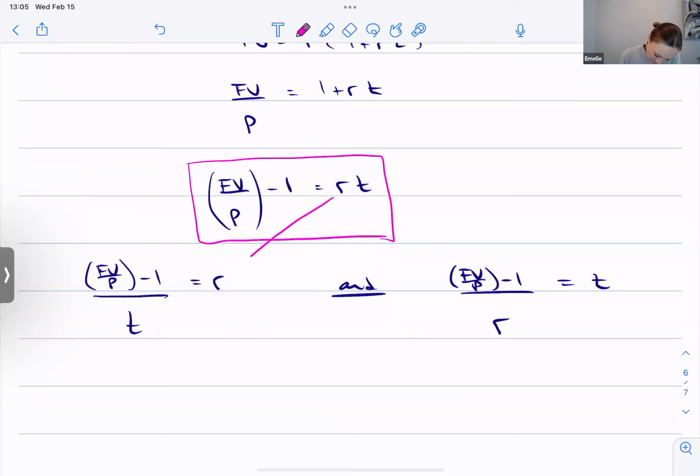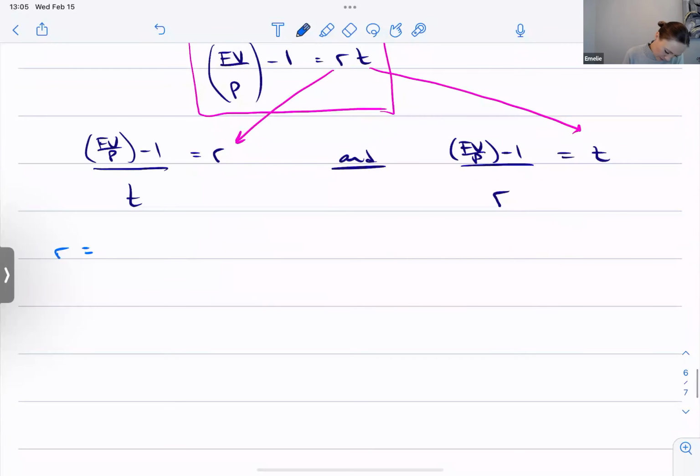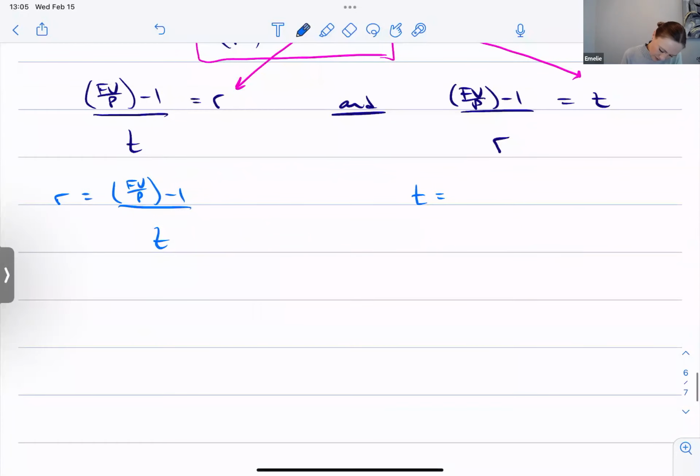So from here, I can solve for R, or I can solve for T, right? Or rewriting them, R is the future value over P minus 1 divided by T, and T is the future value over P minus 1 over R.